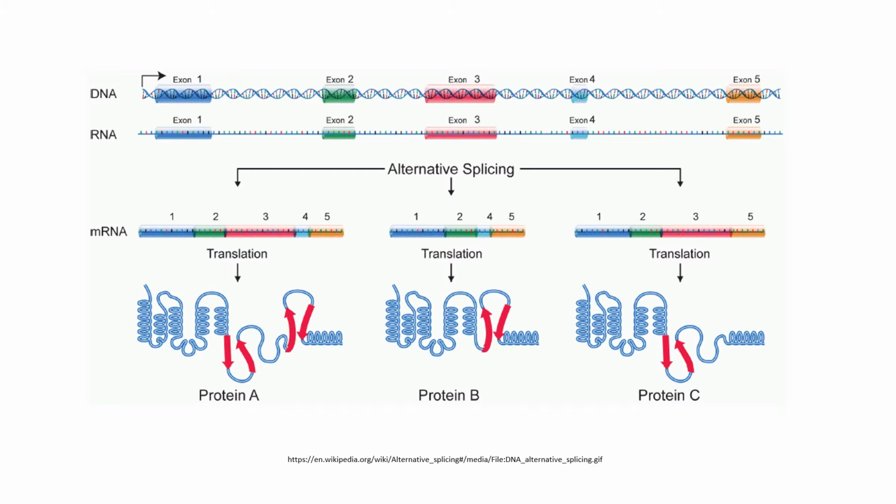In between them are DNA segments that are called introns. All of them get transcribed into RNA, and so that RNA will have a region that corresponds to exon 1, a region that corresponds to exon 2, and so forth, and regions in between that are intron RNAs.